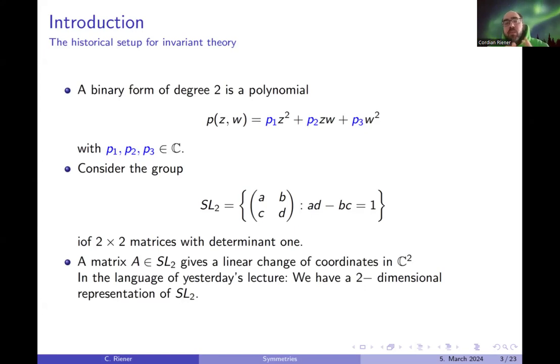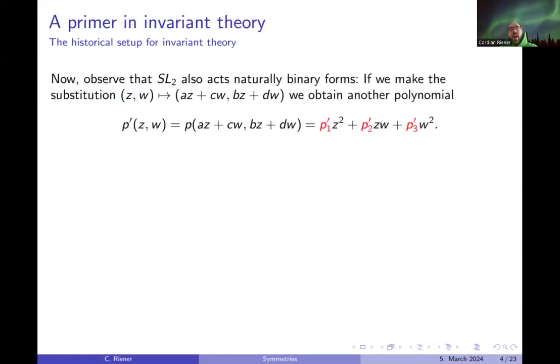And in the language of yesterday's lecture, I have this group and I have a two-dimensional representation of this group. Okay, so I have the setup. Now, when I have this two-dimensional representation by coordinate change, actually my group also acts on the binary forms that I have. How does it do that?